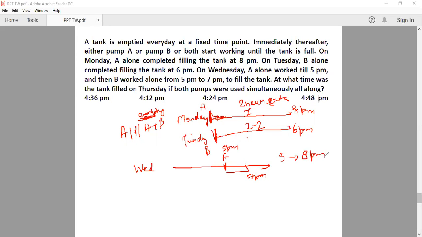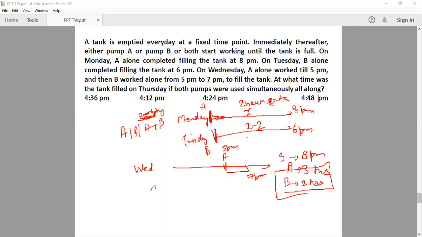Had only A worked, the work should have been finished by 8 p.m. यानी कि अभी A का 3 घंटे का काम पड़ा था, लेकिन वही काम B ने कितनी देर में कर दिया? 2 घंटे में कर दिया. The work which A would have done in 3 hours, B did it in 2 hours.